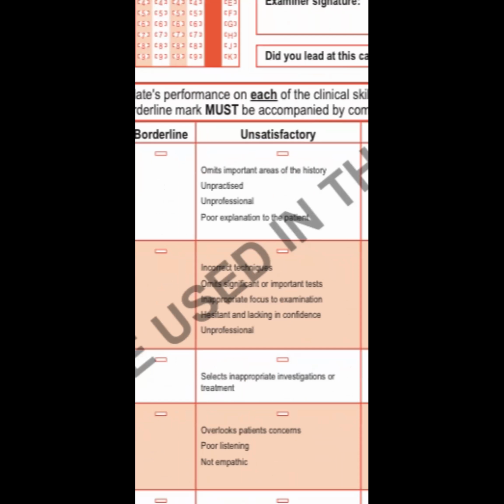So how are they going to score you unsatisfactory? If you omitted important areas of the history, or if you were unpracticed, unprofessional, or gave a poor explanation to the patient. Let us assume that the patient has joint pain, knee pain, and his concern was DVT.